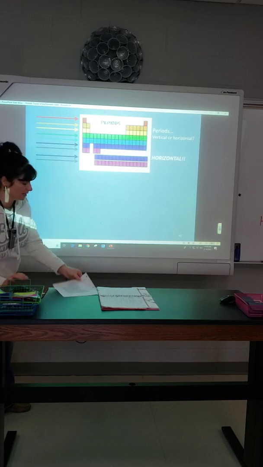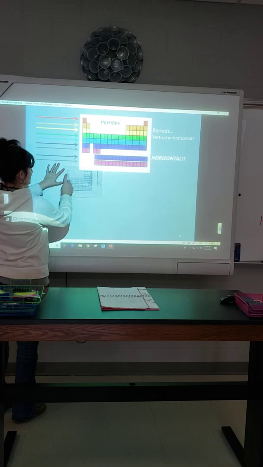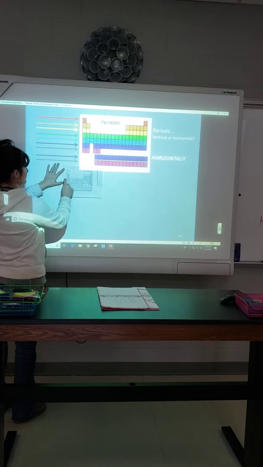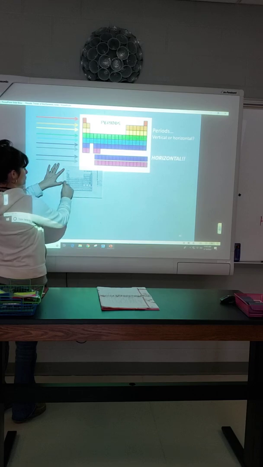On your periodic table, you will see that I had in red, it says periods, and then 1, 2, 3, 4, 5, 6, 7. Those are going to be important. We don't really include these bottom rows, and we'll talk about why that is later. But 1, 2, 3, 4, 5, 6, 7, that is important.